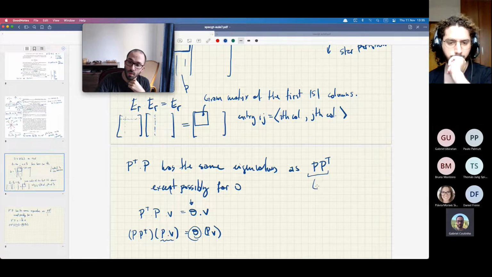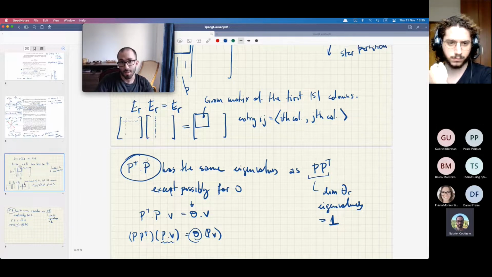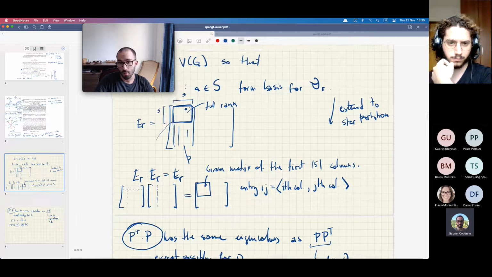Now, this matrix here has dimension of theta r eigenvalues equal to 1. So this matrix has those many eigenvalues, but this matrix has size precisely this dimension.